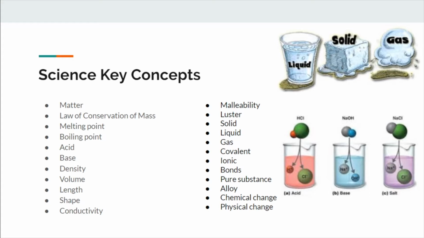They will also discover acids, bases, density, volume, length, shape, conductivity, malleability, and luster. They will also be able to identify the different phases of substances, which are solid, liquid, and gas. The students will also be able to discover the concept of an alloy and be able to create an alloy of their own in an activity.